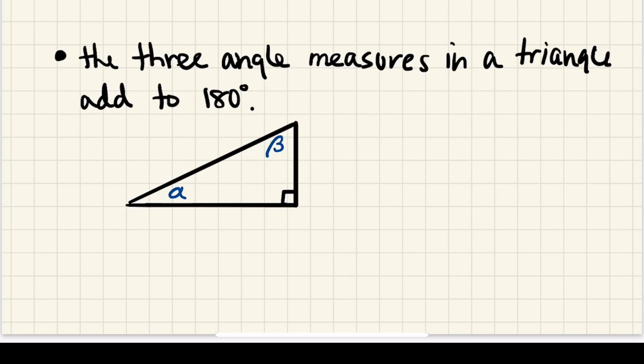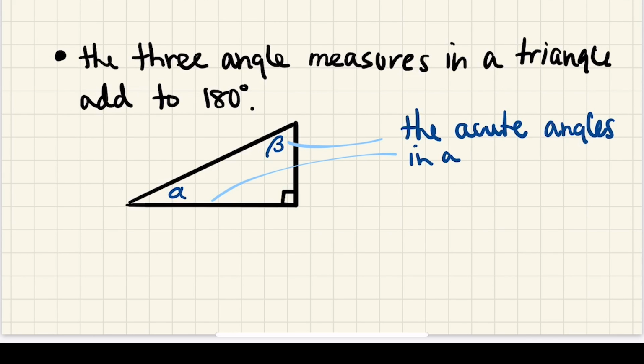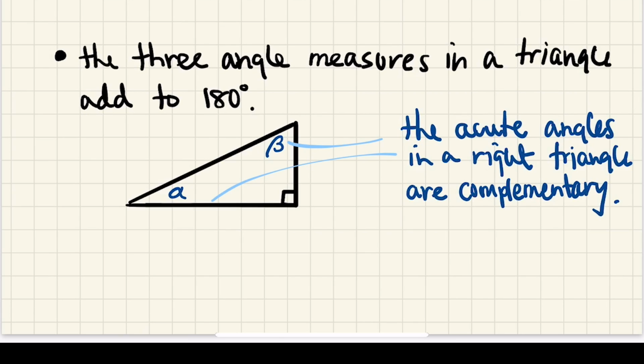Let's call them alpha and beta. And those angles are complementary. Because you have 180 degrees to distribute among the three angles, 90 degrees of which are occupied by the right angle, which means the remaining 90 are split between the alpha and the beta there, making those angles complementary.